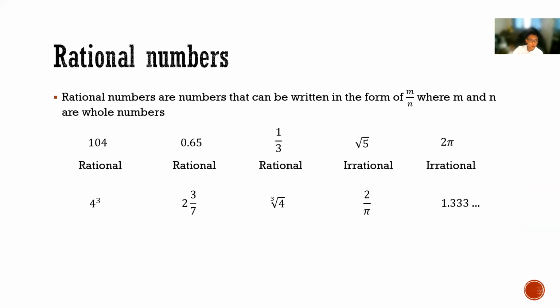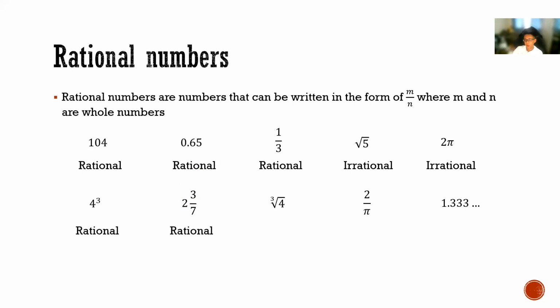Is 4 cubed rational or not? Yeah, 4 cubed is rational. How about 2 3/7? Your mixed number is also rational, because it's basically a fraction. I can put it in improper fraction, then it's 17/7. How about cube root of 4?